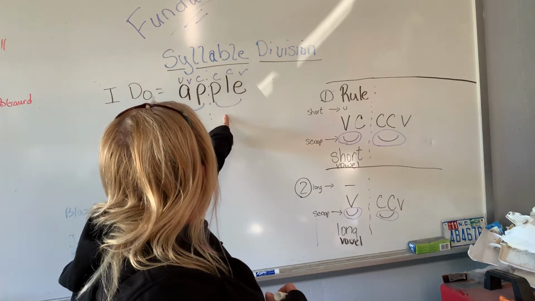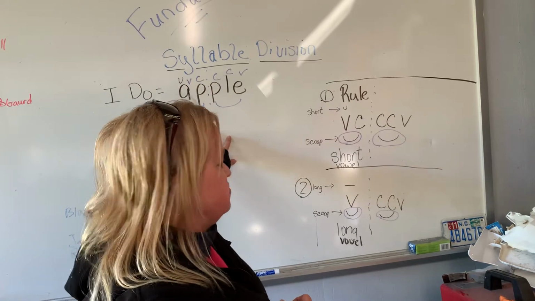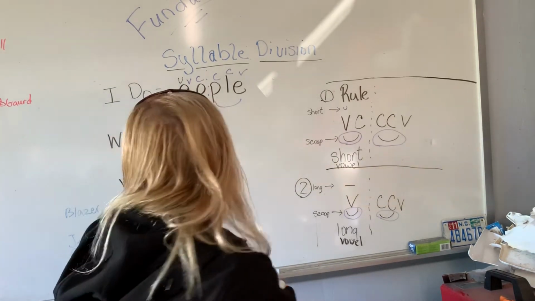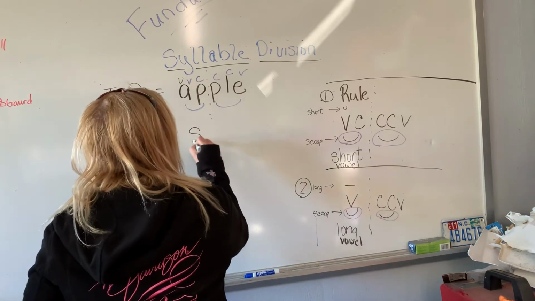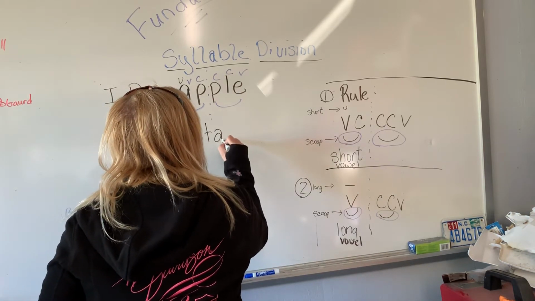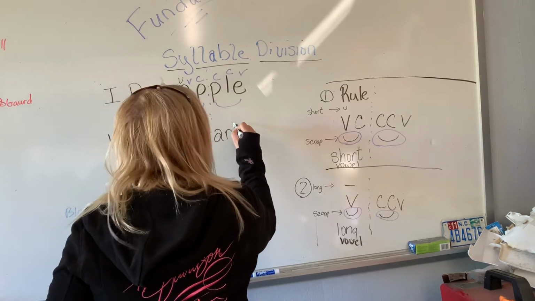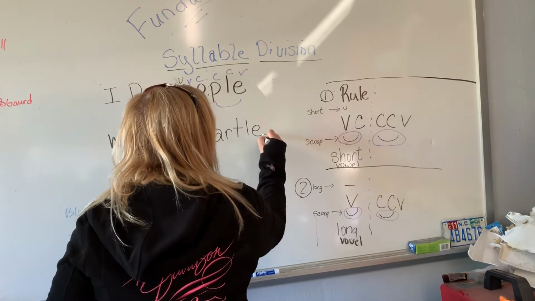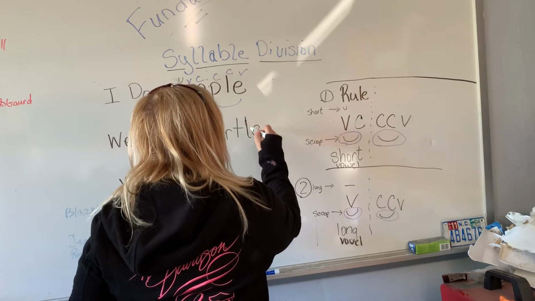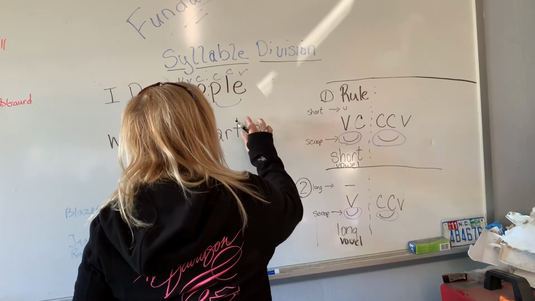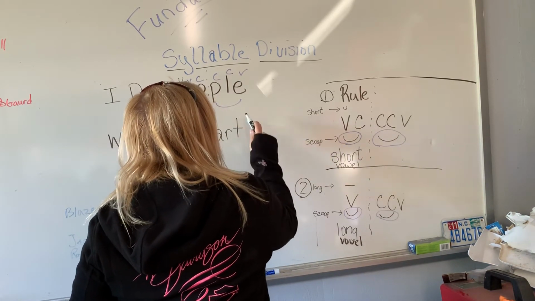Okay? We're going to do this next one together. So the word is startle. If I startle something, I scare it. Okay? Let me write my L a little bigger.